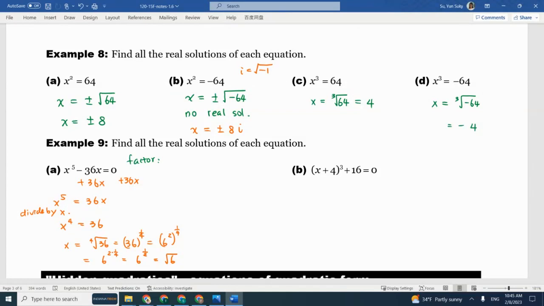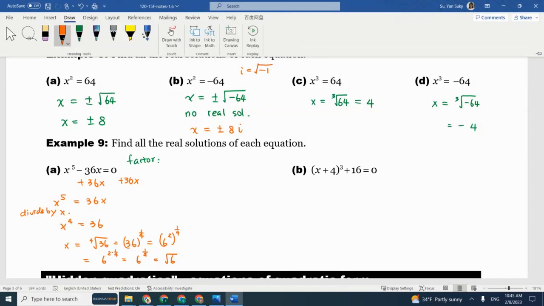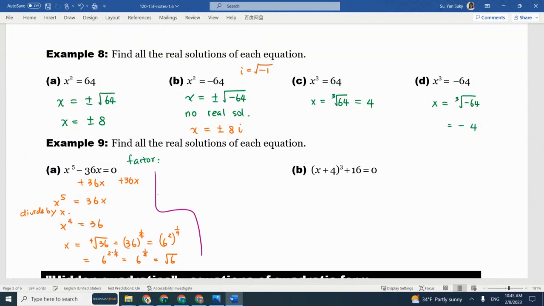Excellent point. So this is wrong. One mistake is we cannot divide by x, because then we will lose the solution x is 0. Okay, can you find another mistake?